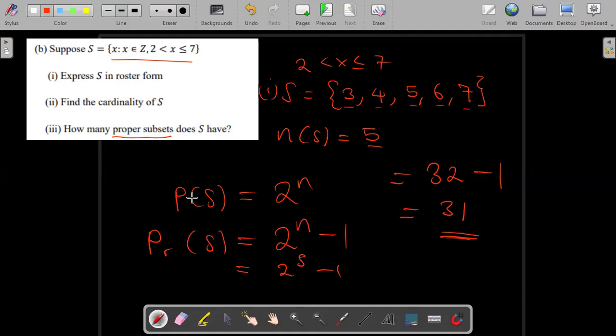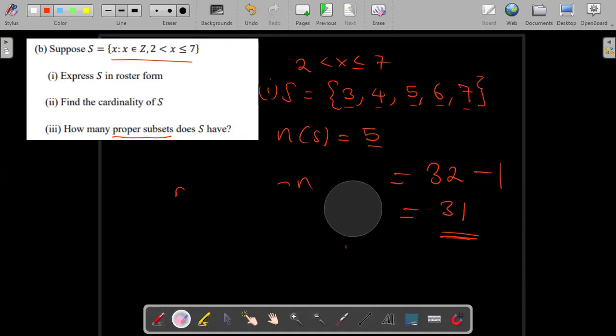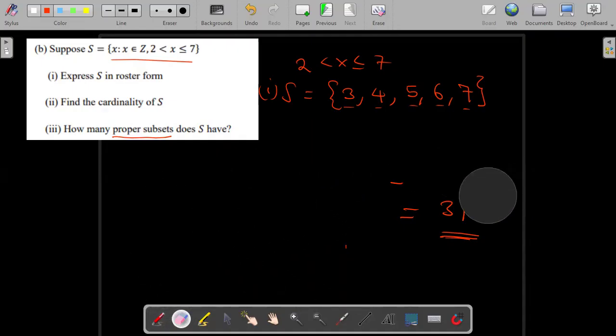For the first one, when listing, why do we not include the 2 in the question? Okay, so for the first one, why we did not include the 2, let me just erase this.